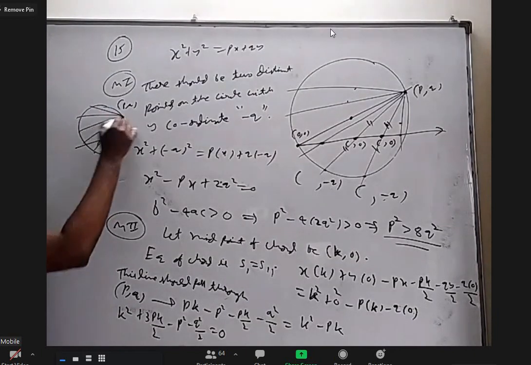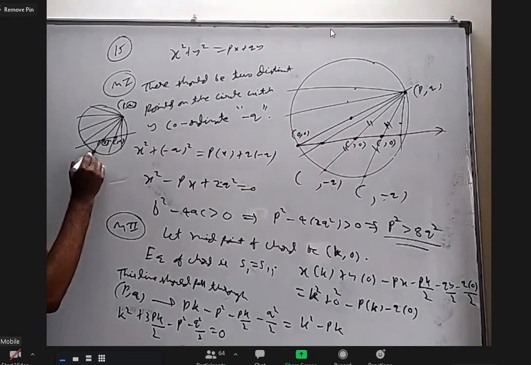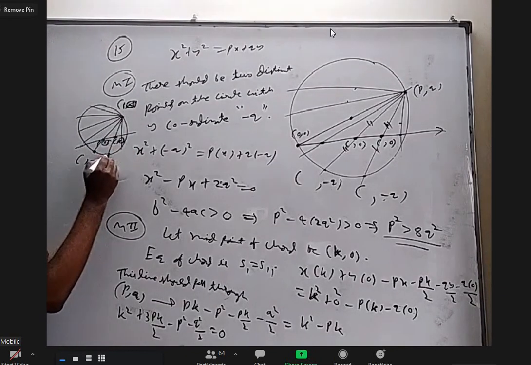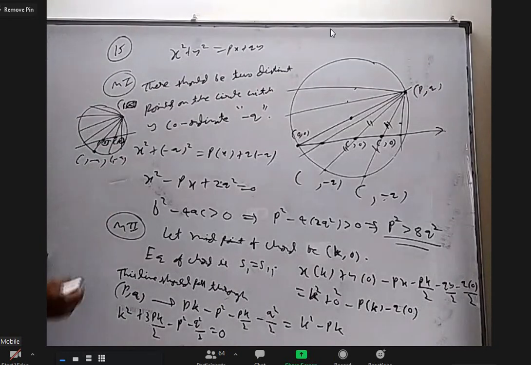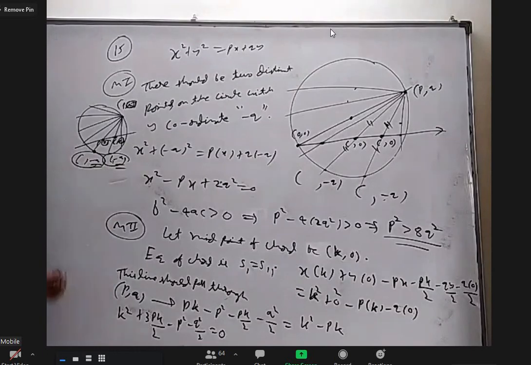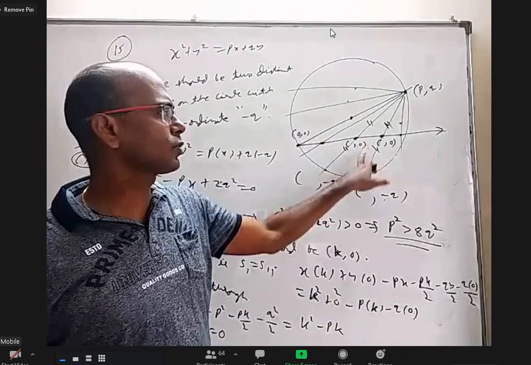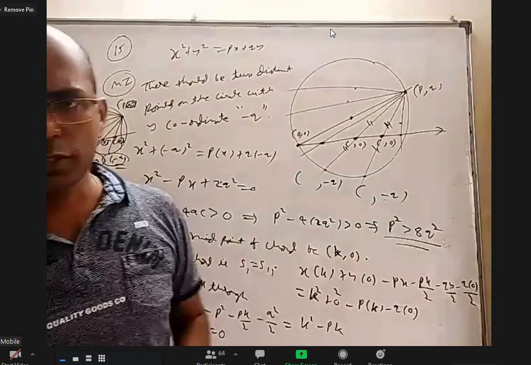If you take the midpoint of two points, here the y-coordinate is q, here 0, so at the other end the y-coordinate should be minus q. So on the circle there should be 2 points whose y-coordinate is minus q, so that if you take the midpoint of these two, you get y-coordinate 0 and they lie on the x-axis.